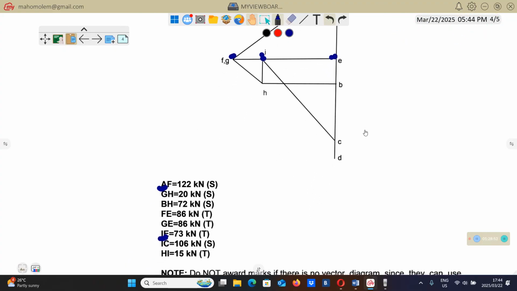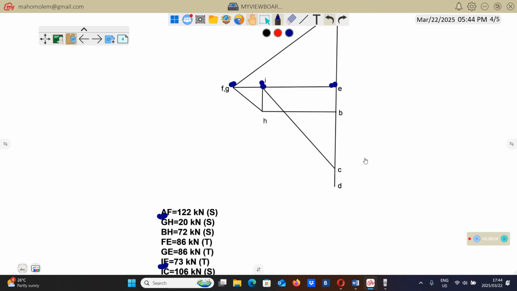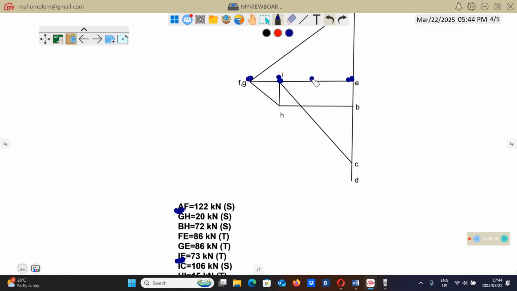Maybe you will get 3.5 centimeter. Then you take that 3.5 centimeter and multiply by 20. That's how you must do it.